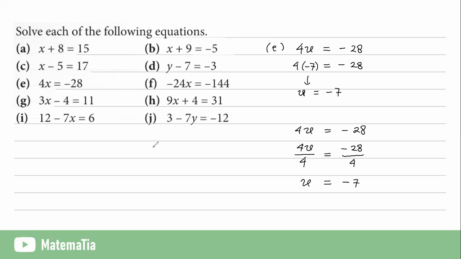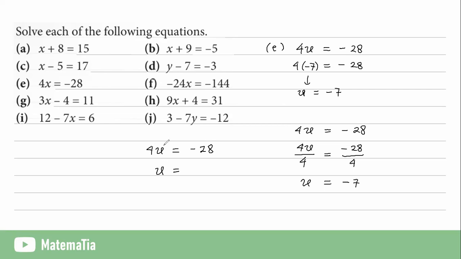Okay, and then the third method is 4x is equal to negative 28. Actually, it's the same as the second method, but we only skip writing this one, because our goal is to find the value of x. So write x here.